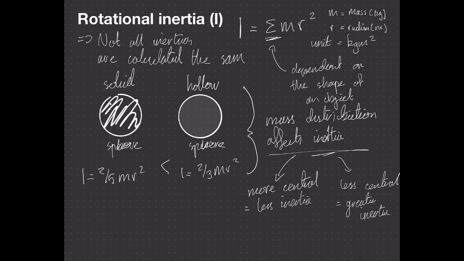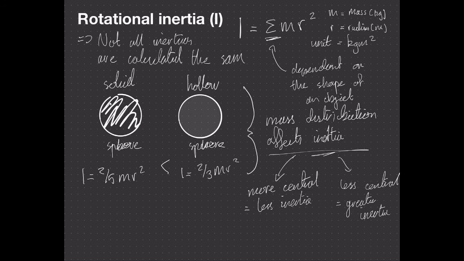We used our example of a solid sphere and a hollow sphere to show an example of a difference. 2/5 times the mass and radius squared is going to be smaller than 2/3 times the mass and radius squared. Therefore, our less central mass distribution has a greater inertia, and our more central mass distribution has less inertia. Okay, the same goes for pipes versus solid cylinders, assuming mass is the same.